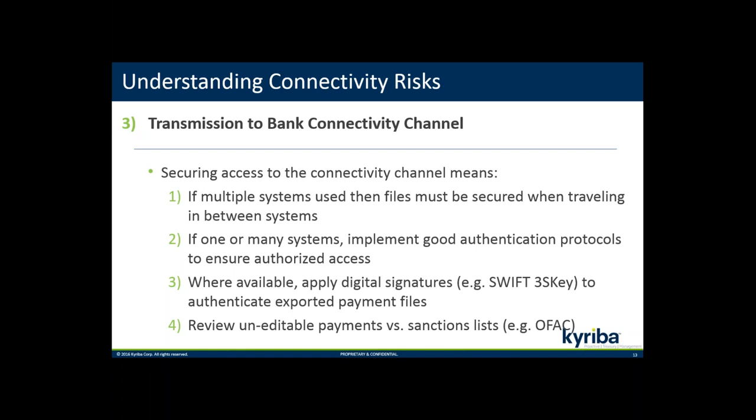But where it's possible to apply digital signatures to authenticate outgoing payments, that's obviously a really good practice as well, because then the bank is expecting a digital signature, i.e. you, and if it's not stamped with that digital signature, so to speak, then they know that there's a problem and that needs to be looked at. So it's yet another opportunity where exceptional payments that are coming in a little bit different than they're supposed to can be flagged and looked at to ensure that they were authorized in the first place.